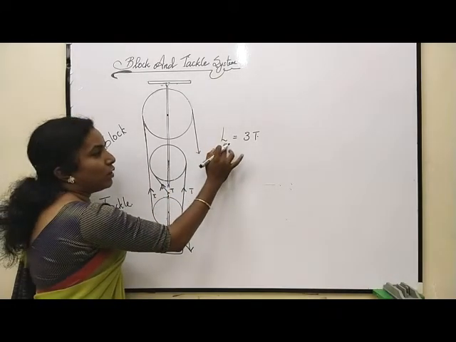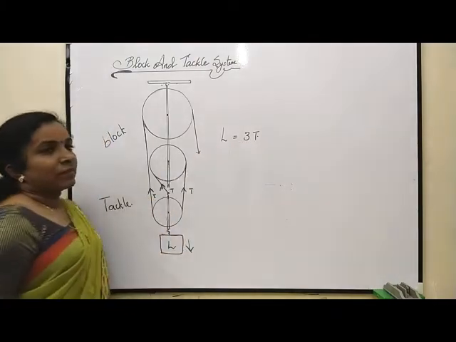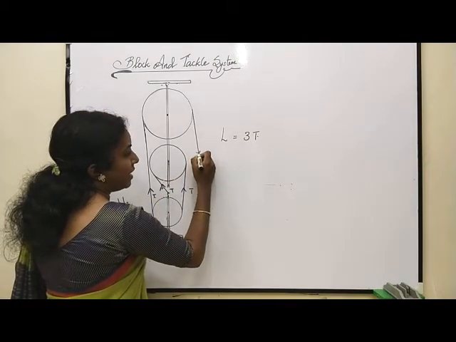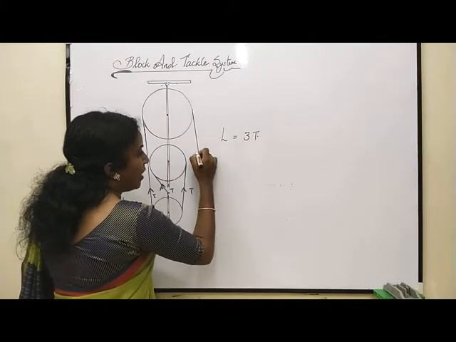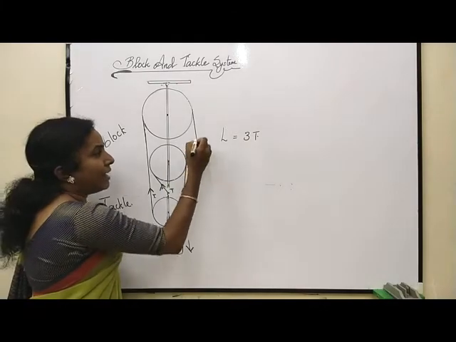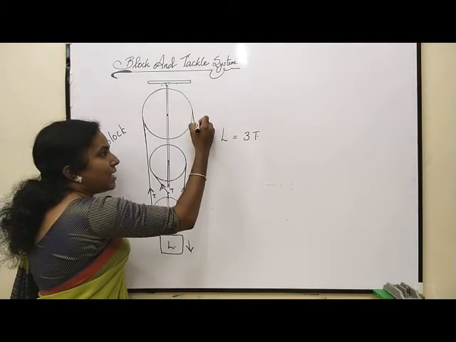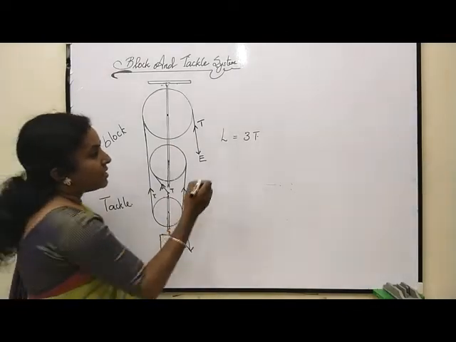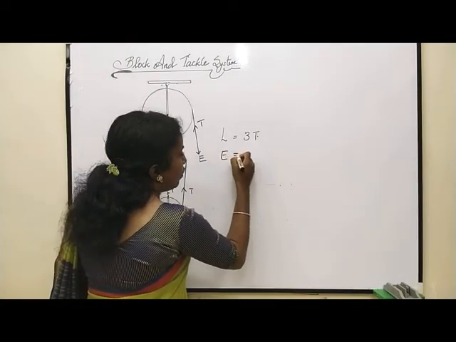Hence, load is equal to 3T. Now, we are giving a force here as effort in downward direction, and this effort is balanced by the tension of this free end in upward direction. Hence, effort is equal to T.